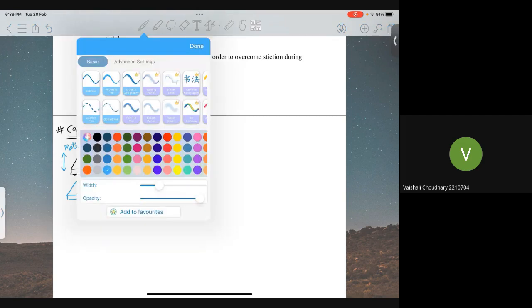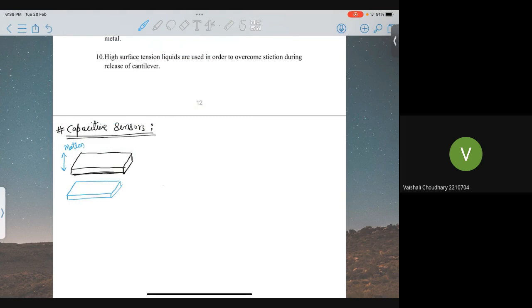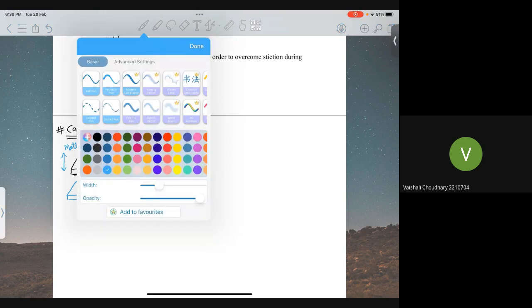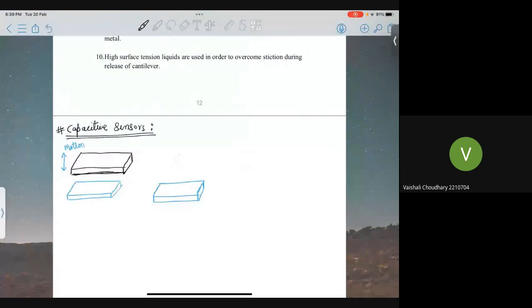Next, again we have one fixed plate, and this is the moving plate.